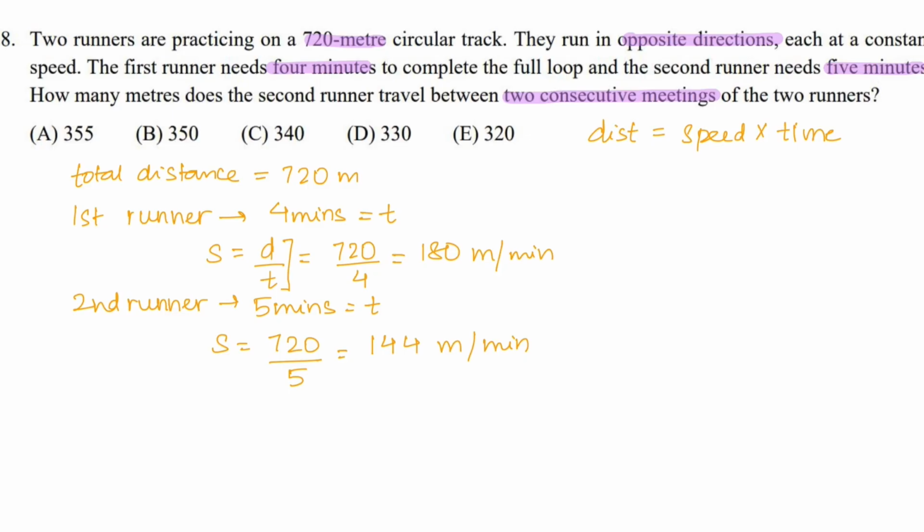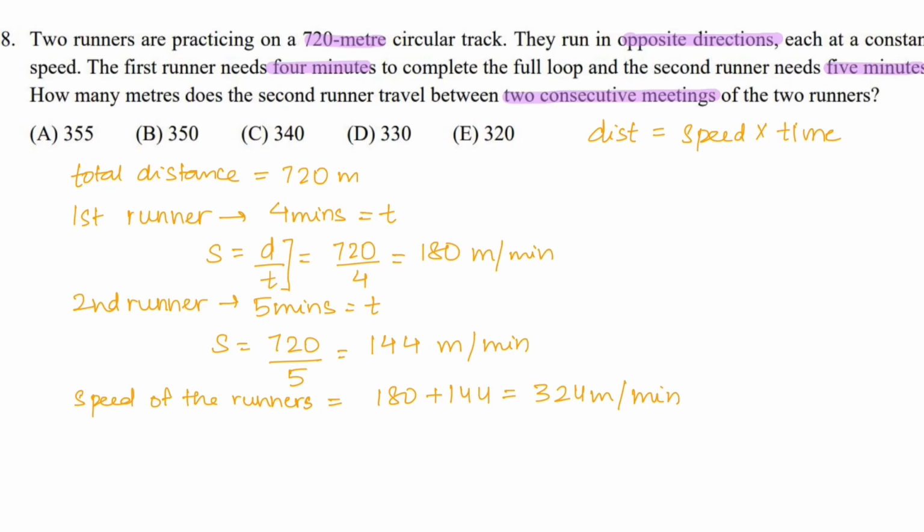So the speed of the runners is 180 plus 144, and that is 324 meters per minute. Okay, because they're covering this between two consecutive meetings, the distance they're traveling is still 720.